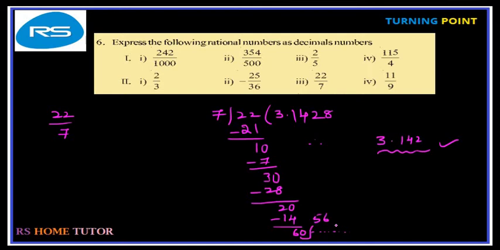So 60 minus 56, again 4. You can take 0. So it doesn't terminate, and it goes on. So just after 3 decimals you can stop it, and you can tell that it's a non-terminating decimal. NTD.